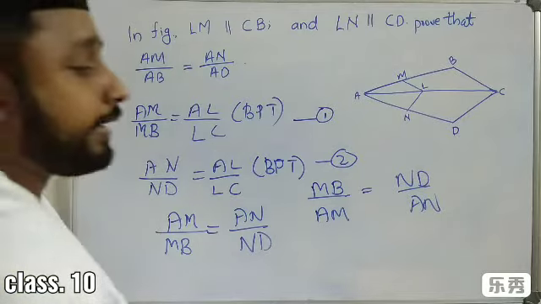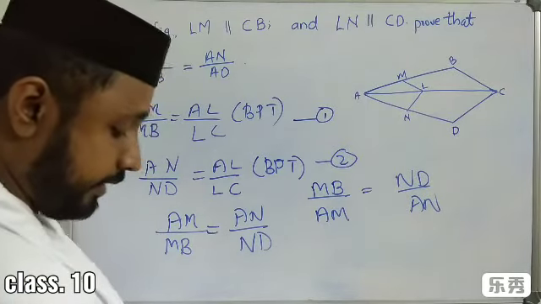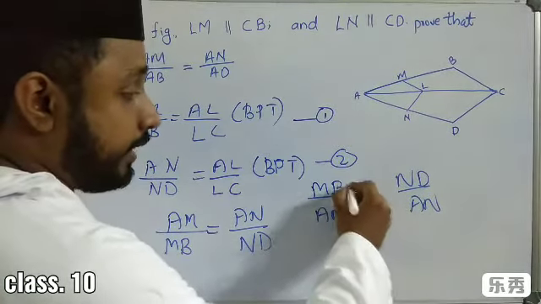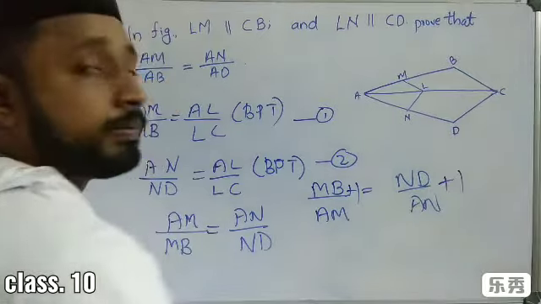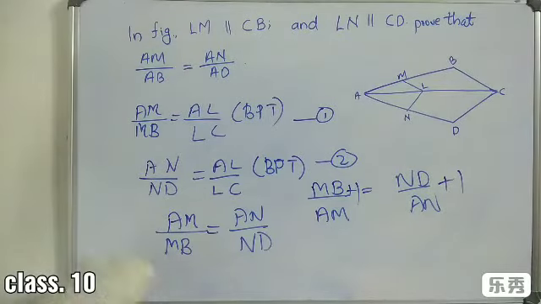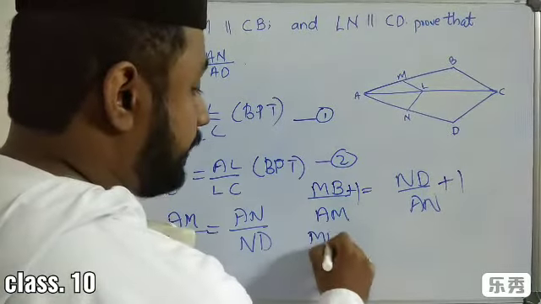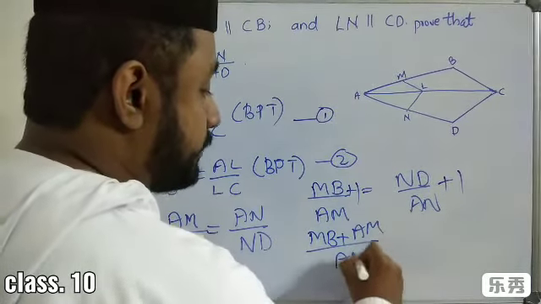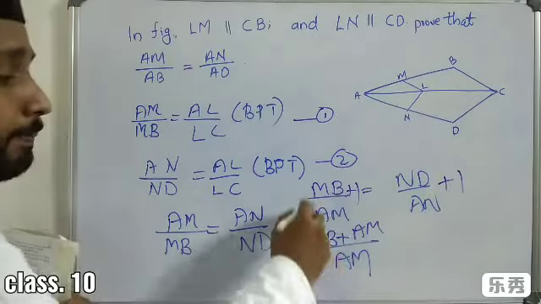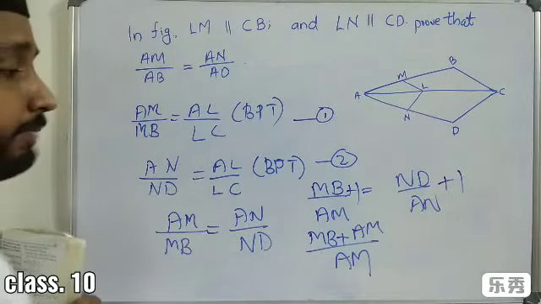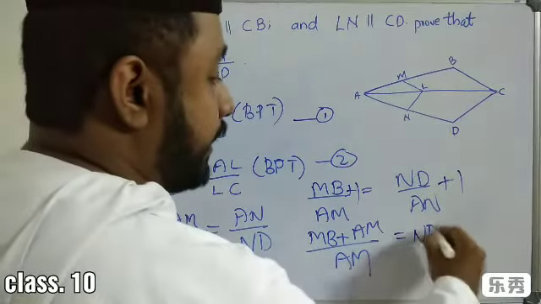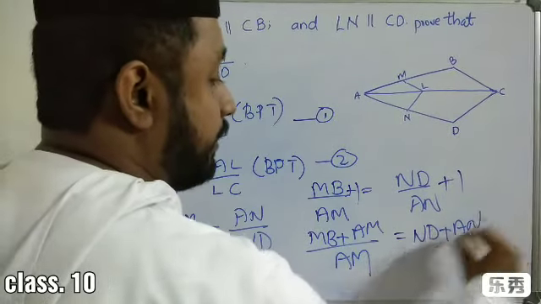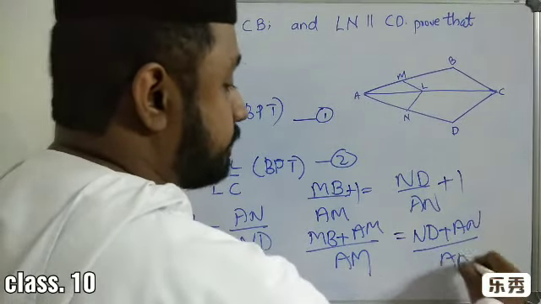Next step is adding 1 to both sides. Adding 1 to both sides, that is MB plus AM by AM is equal to ND plus AN by AN, after simplification of fractions.